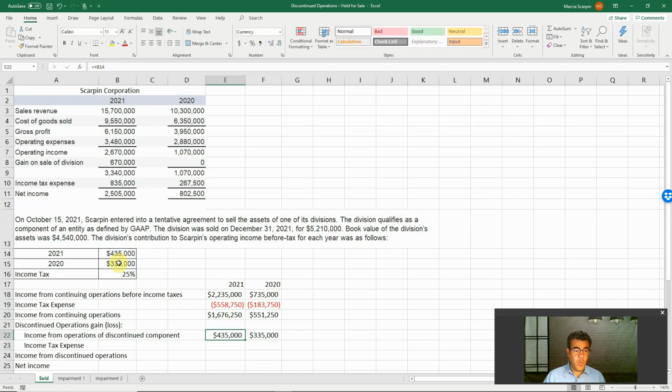However, in 2021, it is this 435 plus gain on sale of division. And in 2020, we have no gain on sale of division. And income tax expense, the same 25% here. So the income from discontinued operation, we sum both.